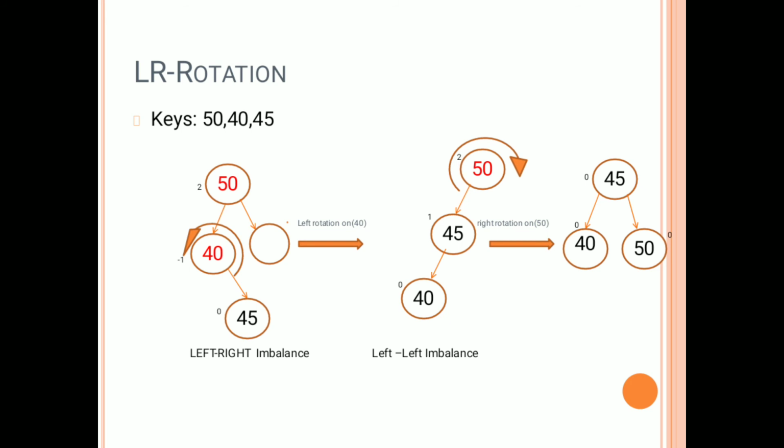Now rotate the tree with respect to the position 50, that is, 45 becomes the root node and 40 is on the left side of root node 45 and 50 is on the right side of root node 45, because 40 is less than 45 and 50 is greater than 45, which satisfies the binary search tree condition, and all the nodes in this tree have weight 0, that is, the tree satisfies the AVL tree condition.